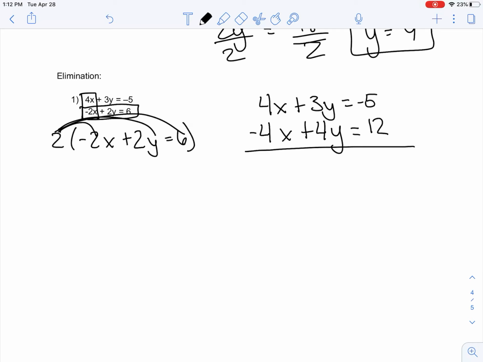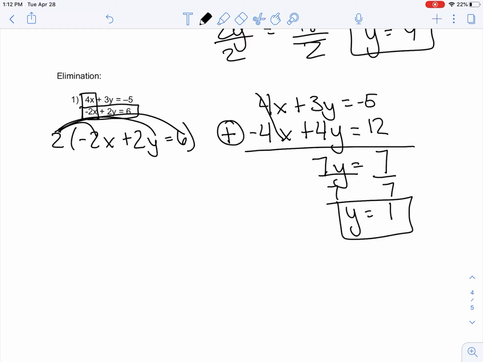From here, your next step is to determine, am I going to add these two equations together or am I going to subtract them? So since the 4 and the negative 4 are opposites, we have to add. They will cancel. We'll have 7y equals 7. Divide by 7. And y obviously equals 1.